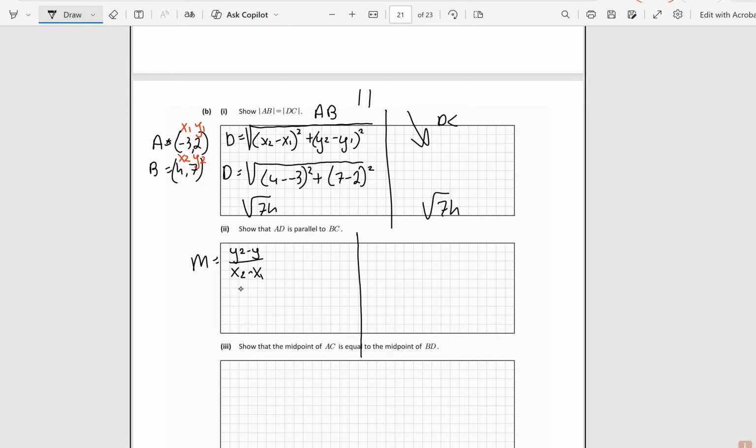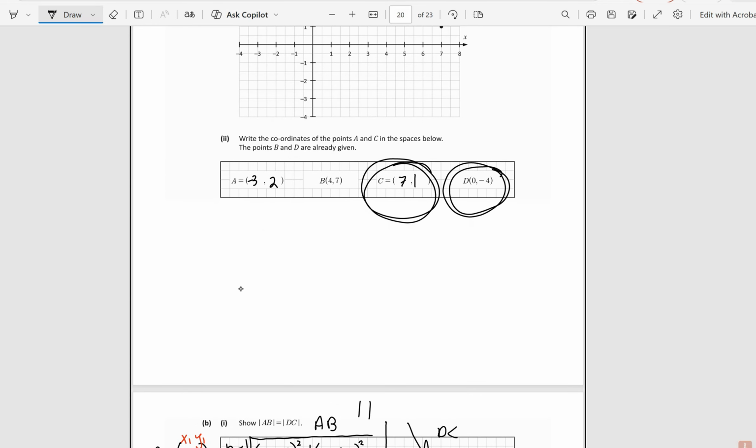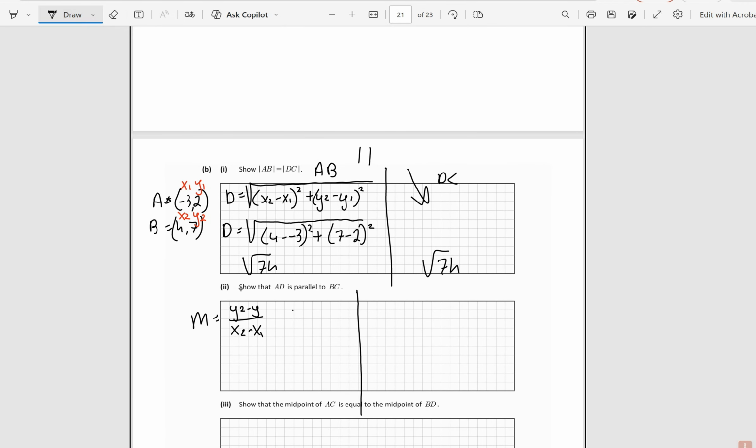You're going to get AD this time. So go up here, AD. Minus 3, 2, 0, minus 4. Label them. X1, Y1, X2, Y2. Put them into your formula.